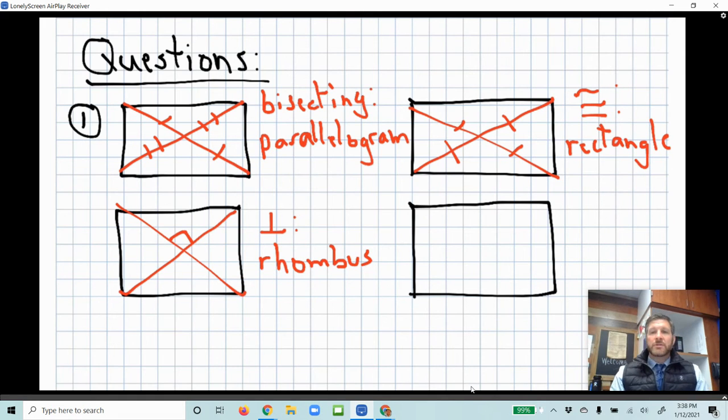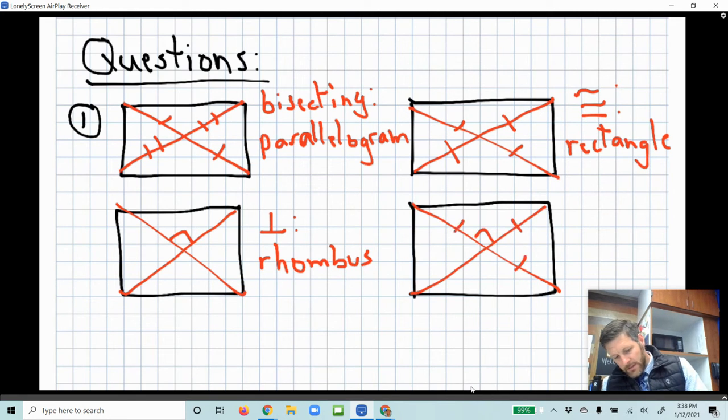And if you have diagonals that do all three of those things, they bisect, they're at 90 degrees, and they are congruent, then you have the third type of parallelogram, and that is a square.